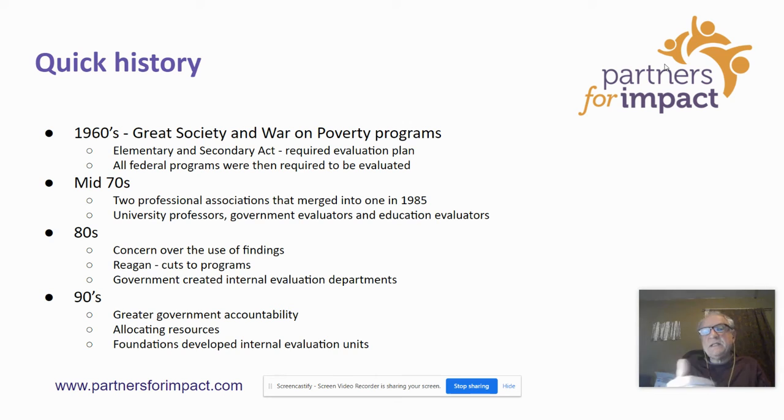But where we started seeing this at the program level is in the 60s, when we started the War on Poverty and the Great Society programs. The first legislation, the Elementary and Secondary Education Act, actually required an evaluation plan that was reported to state agencies. And then subsequently, after that, you started seeing all federal programs being required to be evaluated.